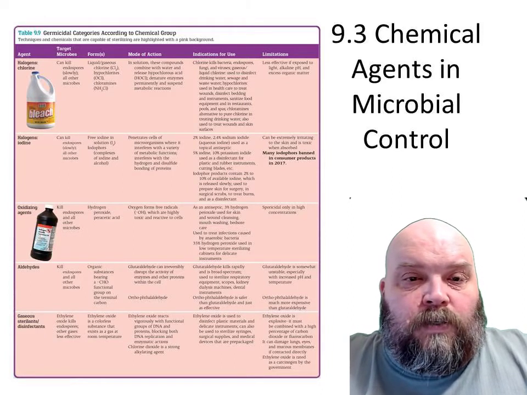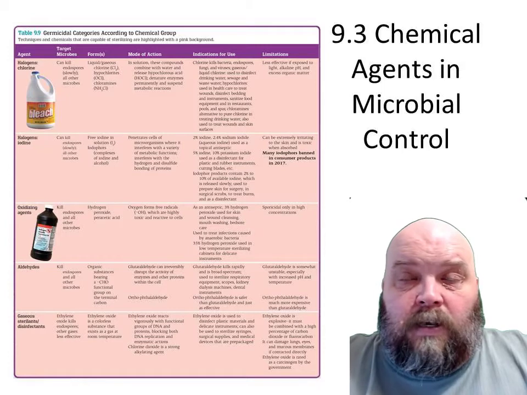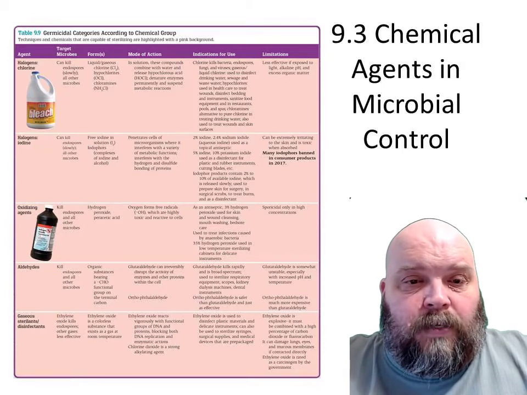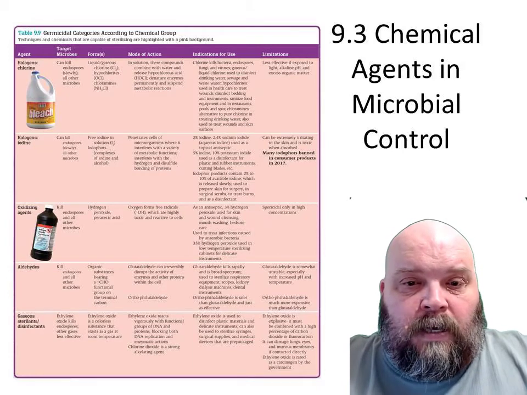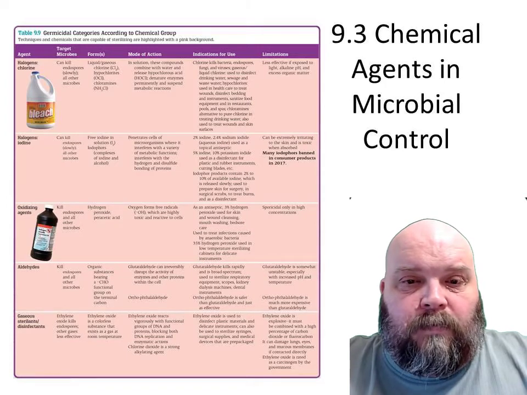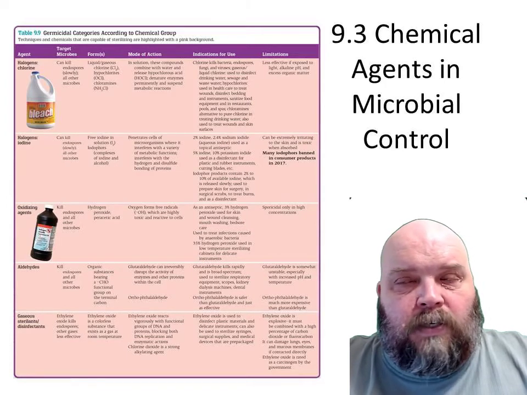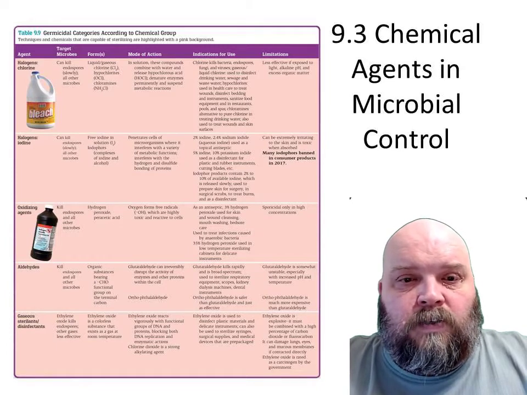Whatever class of agent you're using is going to have different targets. You look at iodine. Iodine damages all endospores, all bacterial cells. Its mode of action is to get in and interfere with different metabolic functions.